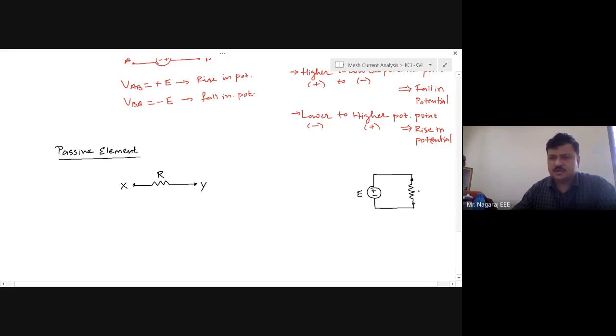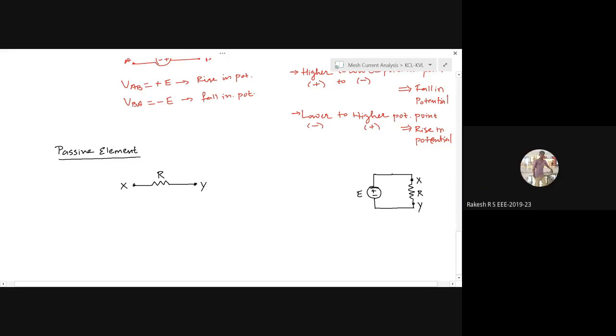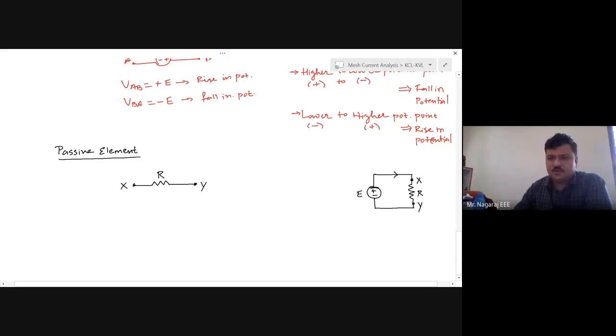The same resistor R with terminals X and Y. Now, what is the direction of current in the resistor? Is it from X to Y or Y to X? It will be X to Y, no doubt. That is the conventional current that we always consider to flow from the positive terminal of the source.